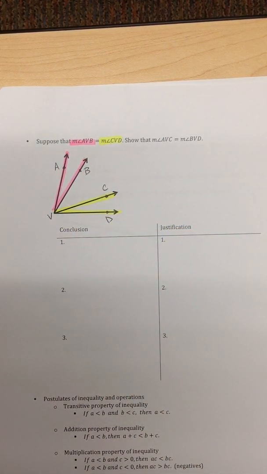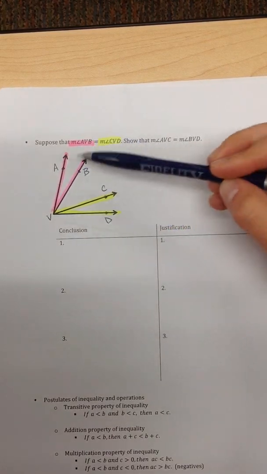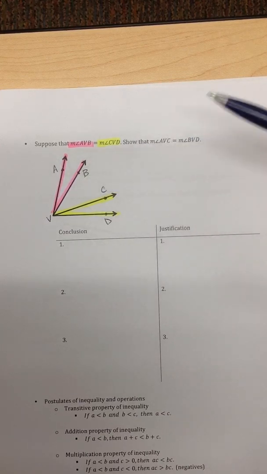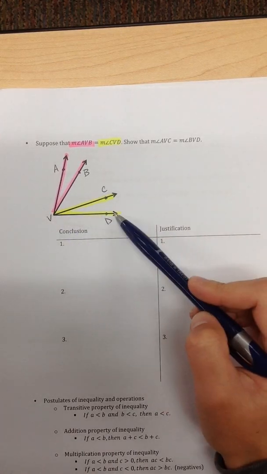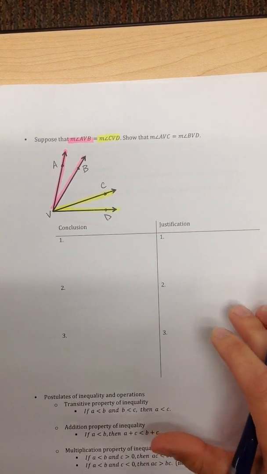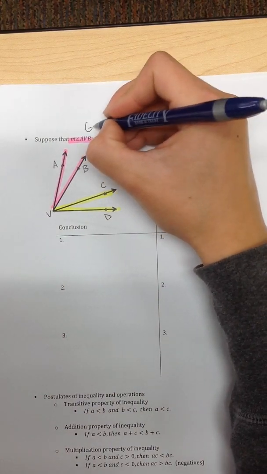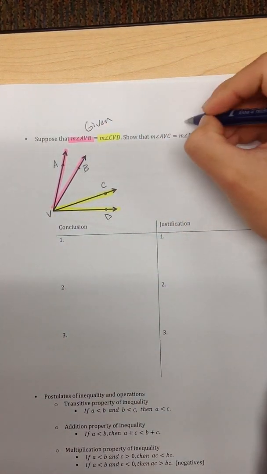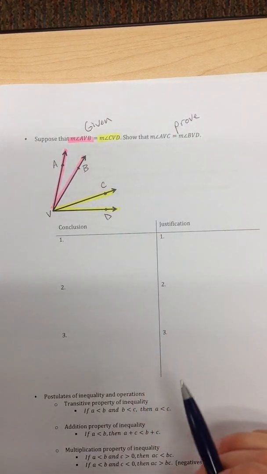And then I'm supposed to show that AVC, so the pink one and a little bit more, is equal to the measure of BVD, so that middle one and then the yellow one. So what we can do here is start out with what we're given. We're given these angles being equal, and we're trying to prove that the measure of these angles is also equal.